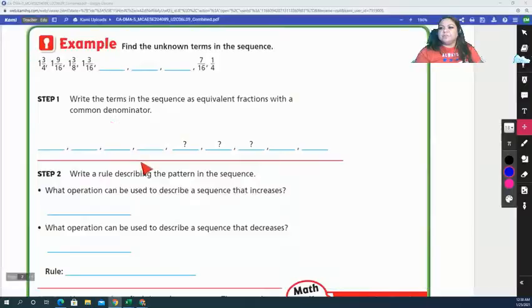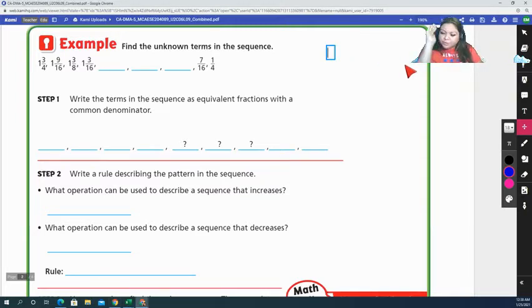Okay, so here we have another example where we're finding the unknown terms in the sequence. We have been given these numbers: 1 and 3/4, 1 and 9/16, 1 and 3/8, 1 and 3/16. And now, if you don't know your multiplication facts, you might struggle.